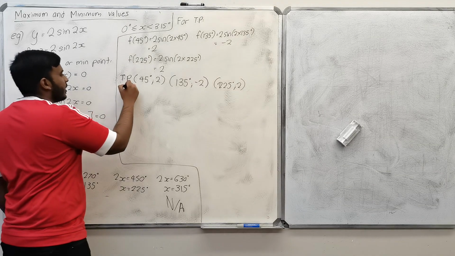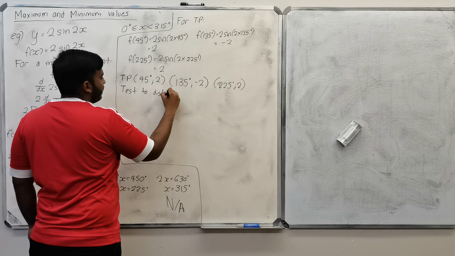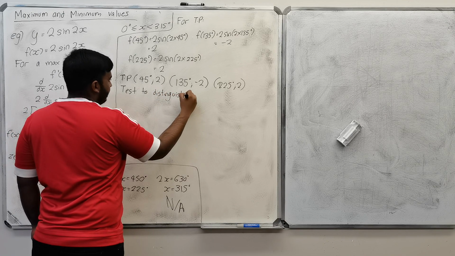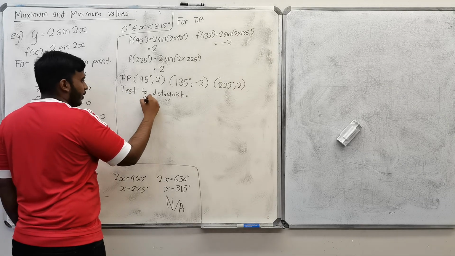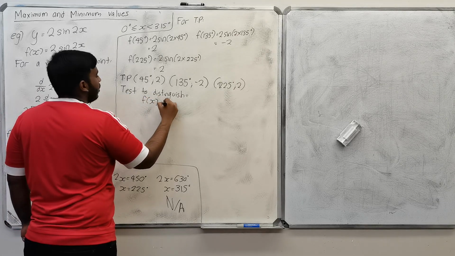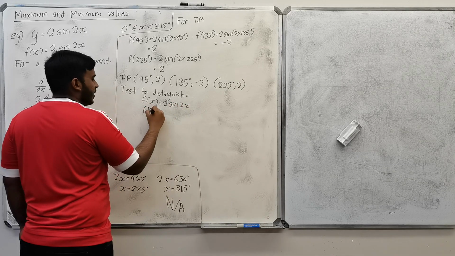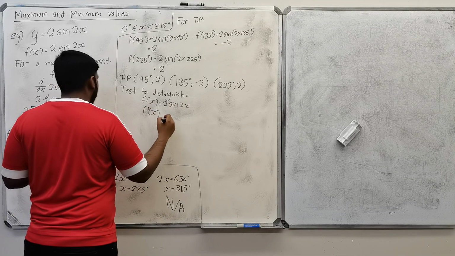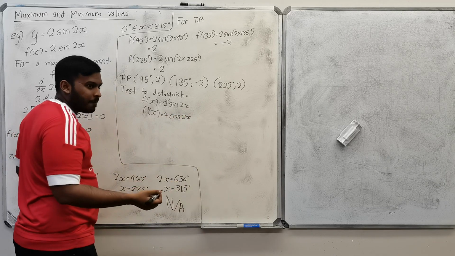So, your test to distinguish would be equal to the second derivative, right? So your f of x was equal to 2 sine of 2x. First derivative, we worked it out to be 4 cos of 2x.